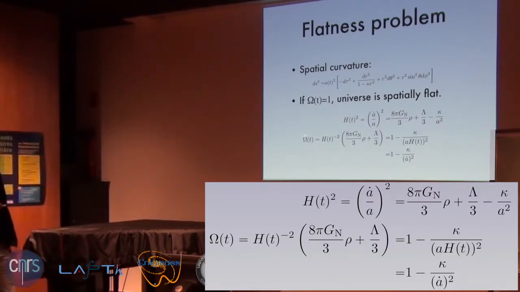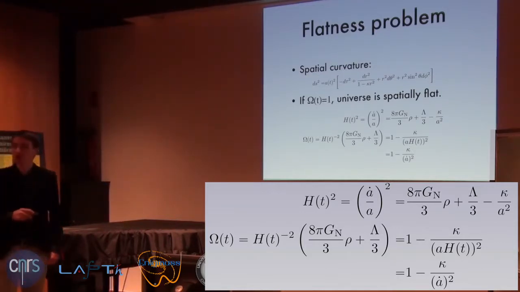So the total matter contribution in an ordinary universe where A dot over A is always decreasing in time will be decreasing. That is, curvature always grows. The impact of curvature on the expansion rate always grows in time, if you have ordinary matter.